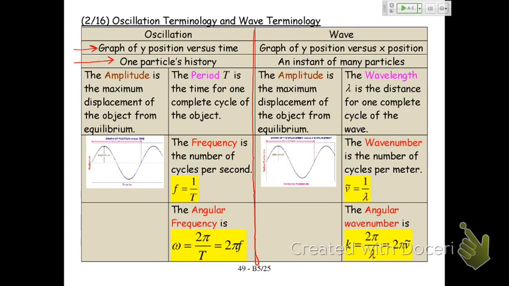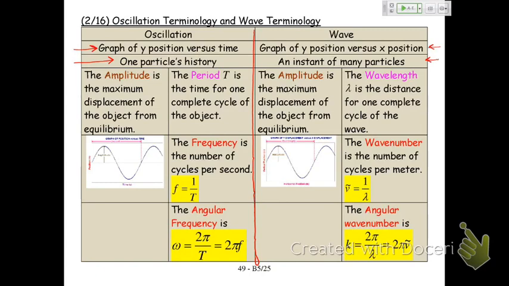It's one particle's history in time. And think of a wave as being a snapshot of a whole bunch of particles at one instant. So one is an abstraction, it's a graph of what happened to this particle. And the other is, let's take a snapshot of all the particles now. They're completely different.